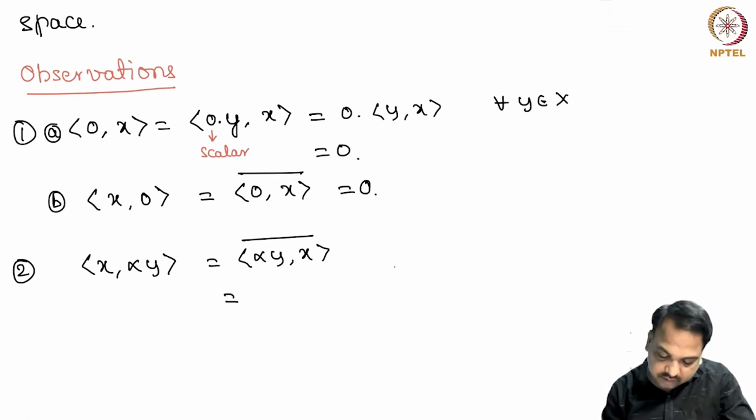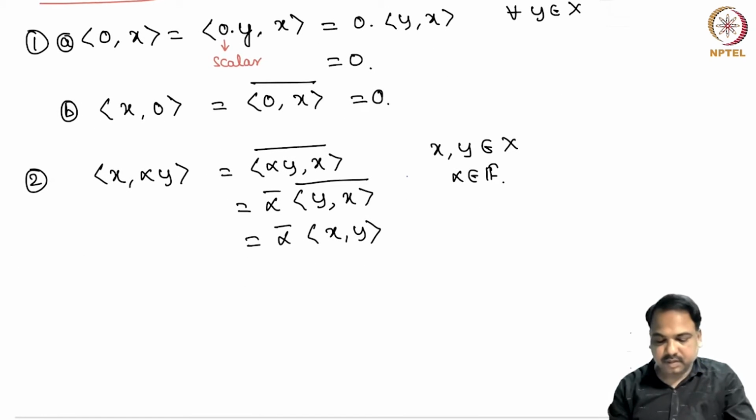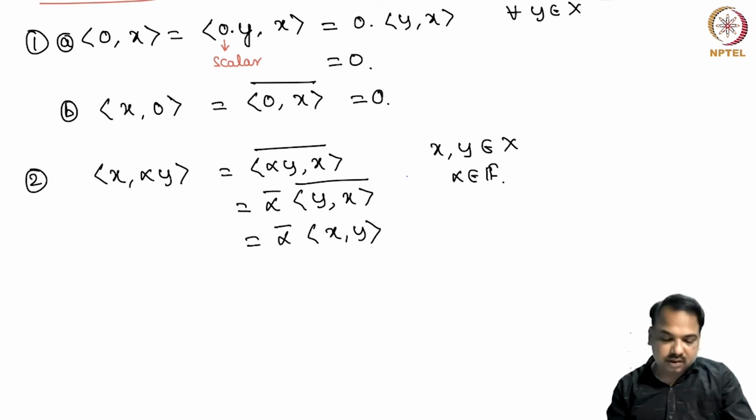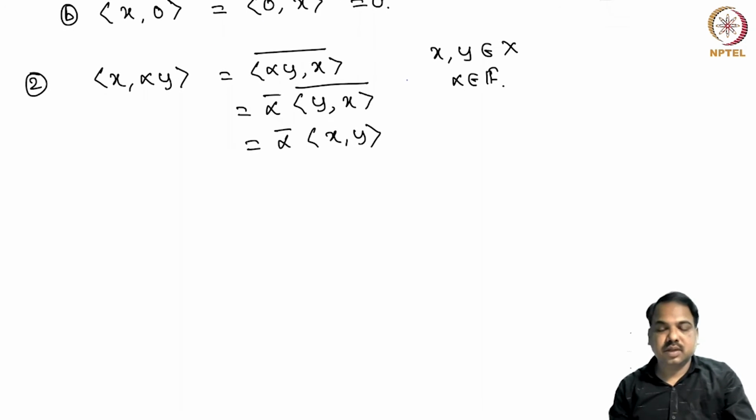So this is nothing but alpha bar times the semi-inner product of Y with X. This is nothing but alpha bar times XY, where X and Y are in X and alpha is coming from the field. So these are very important observations for the semi-inner product.